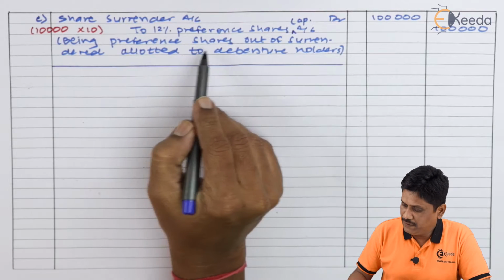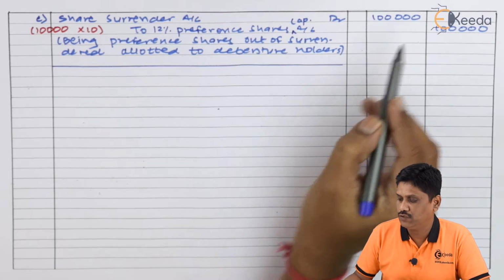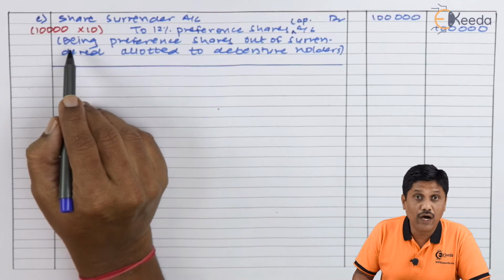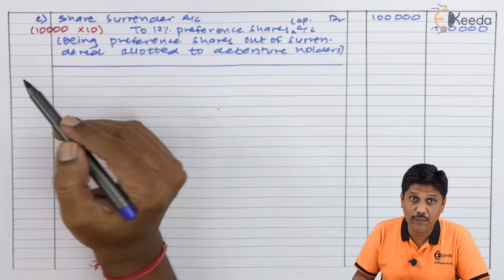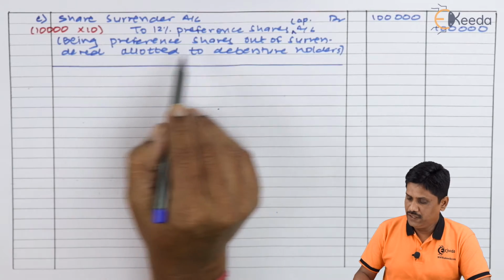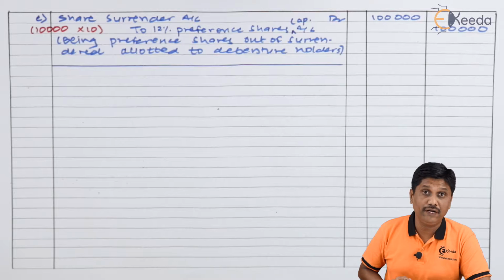Right? Being preference shares out of surrendered shares allotted to the debenture holder, amount is 1 lakh, and in that 1 lakh amount, how many preference shares are given? 10,000 into 10. Being preference shares out of surrendered shares allotted to the debenture holder. It is a simple entry we have recorded. Let's see the next entry.